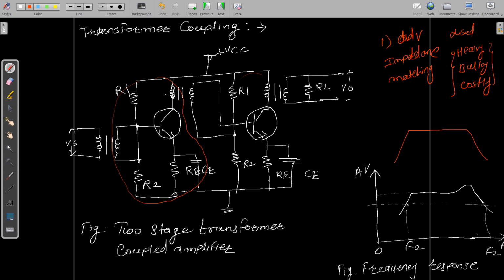Because of the leakage inductance and the interwinding capacitances, it will not allow the amplifier to amplify signals of different frequencies equally well. That means you did not get a flat response. For a few frequencies it was okay, but for certain frequencies the gain has increased or decreased. That means for all the frequencies it is not going to give equal amplification.